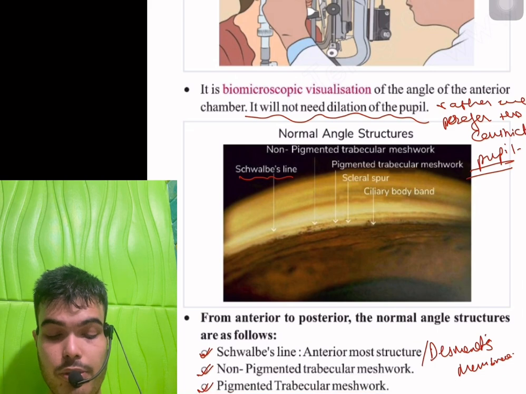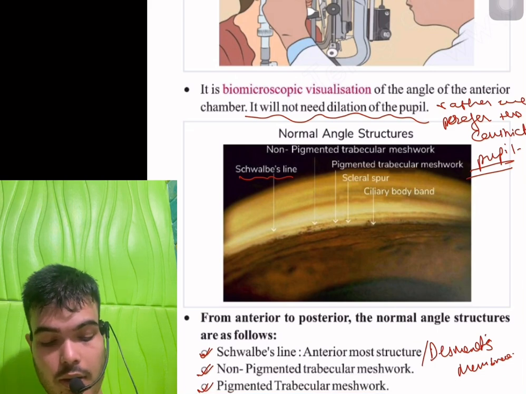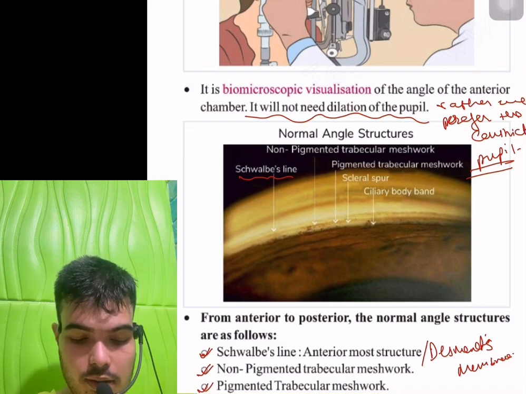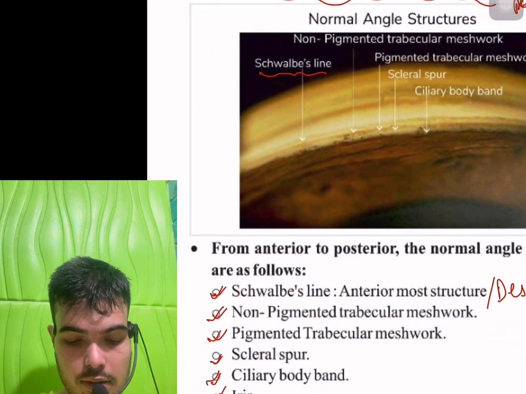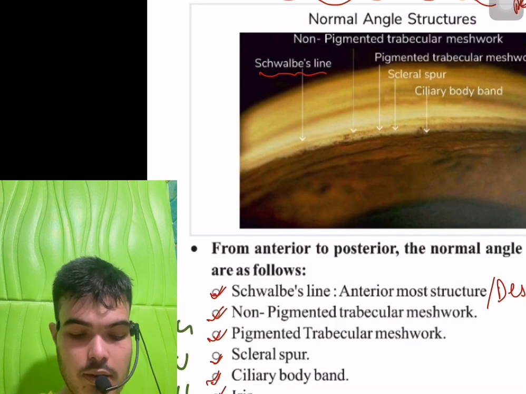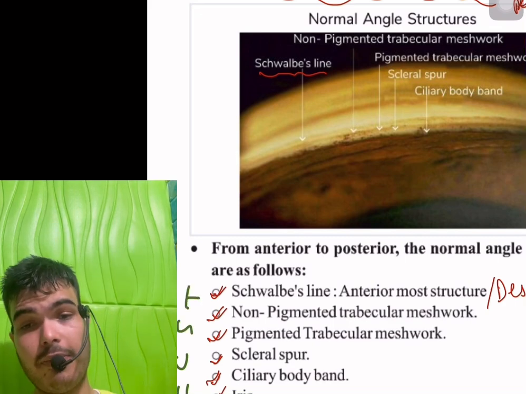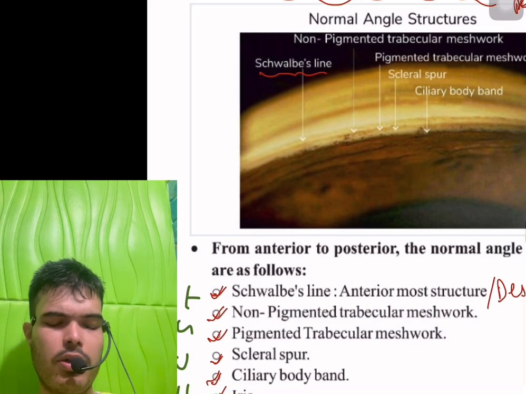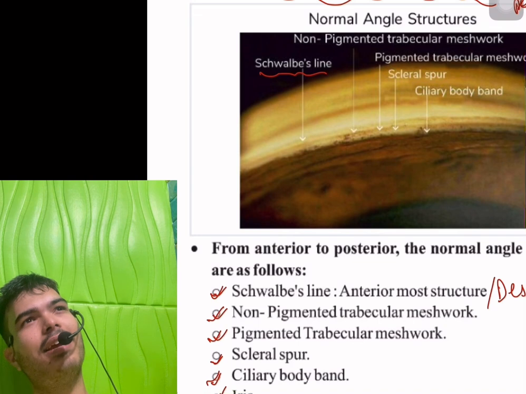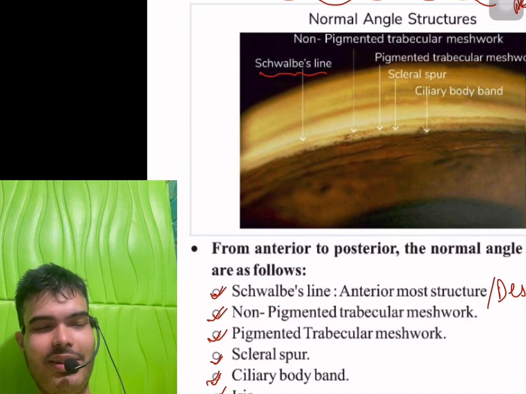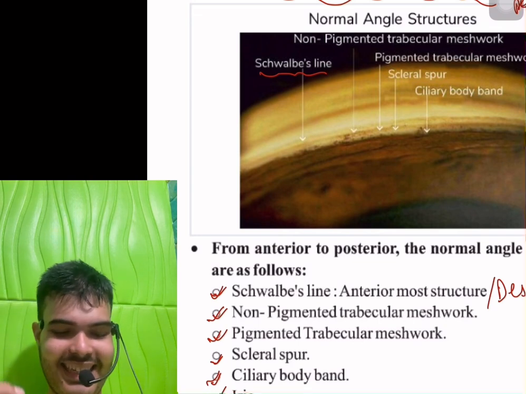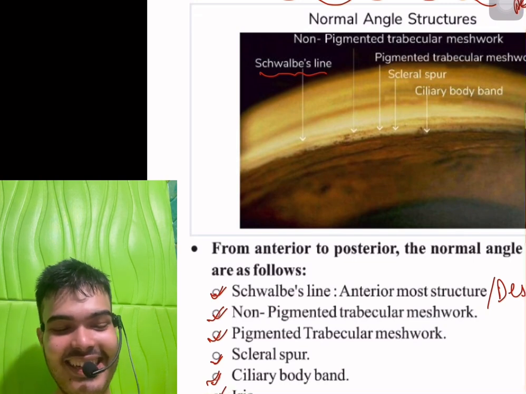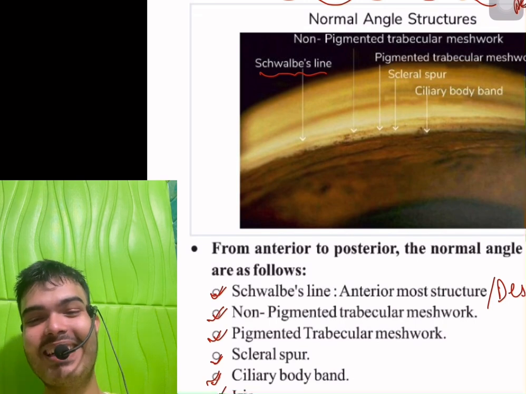So you can remember this with a mnemonic. There was a very good mnemonic given by Dr. Shashwat Ray, but I forgot that mnemonic.